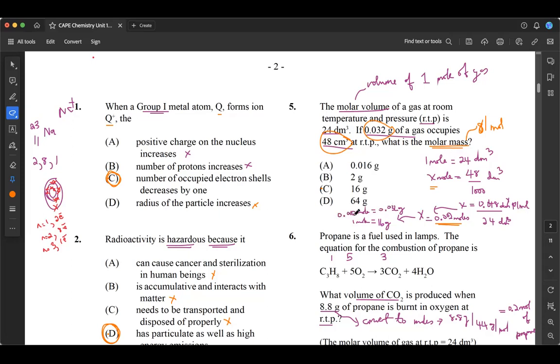So if 0.002 moles weighs this much, then 1 mole will weigh more, so we multiply this number by 500 to make it 1. 500 times 0.002 gives 1.